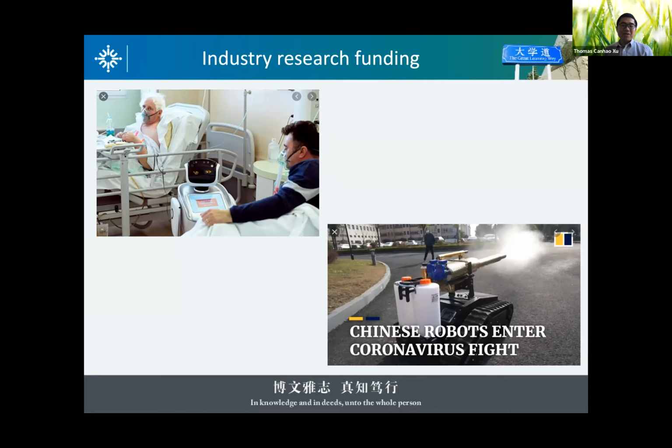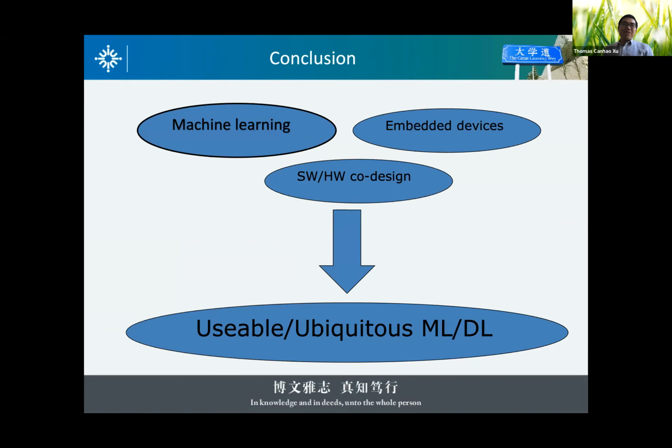That's what we want to do. So if you put everything together, you know what the thing is here. If you want to make a usable, ubiquitous machine learning and deep learning algorithm, you have to think about these topics.